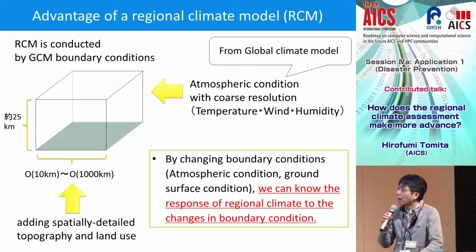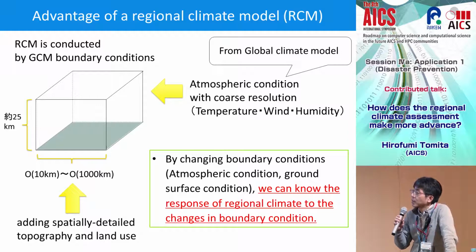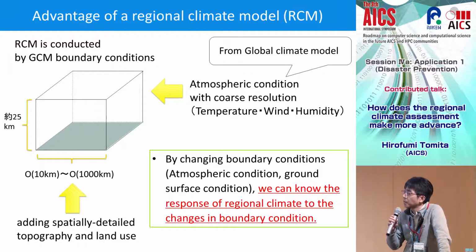And so I will explain the advantage of a regional climate model. As I mentioned, from a global climate model, atmospheric condition with coarse resolution is obtained, which is the temperature, wind, and humidity, or something like that.